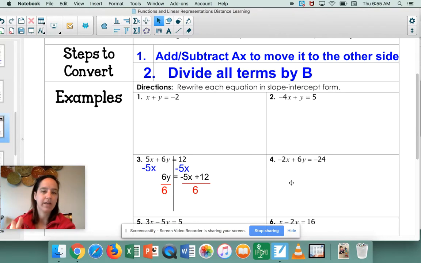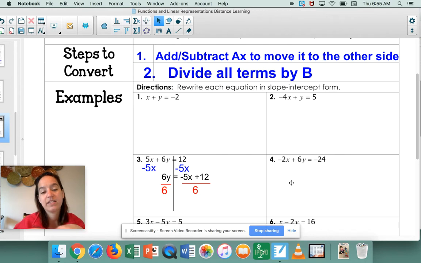I'm left with y. On the other side, I can't divide just the 12 divided by 6 or just the 5 divided by 6. I can't do that. It's not allowed. I have to divide them both by 6.